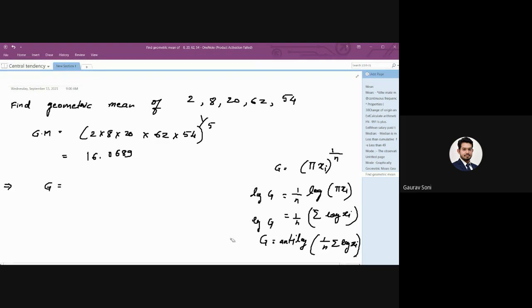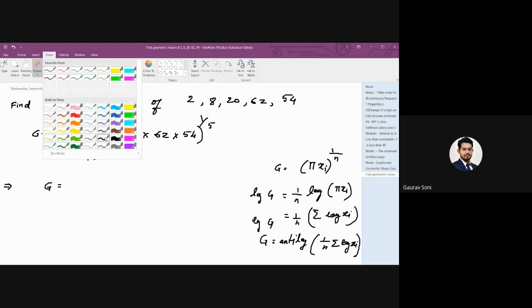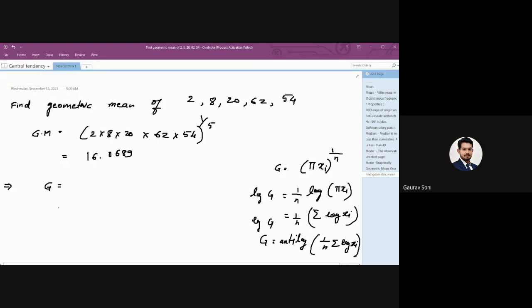So you can maybe try this later. G is equal to antilog of 1 upon n summation log of xi. What we simply need to do is take log of 2, log of 8, log of 20, whatever addition you get, divide by 5 and take anti-log.